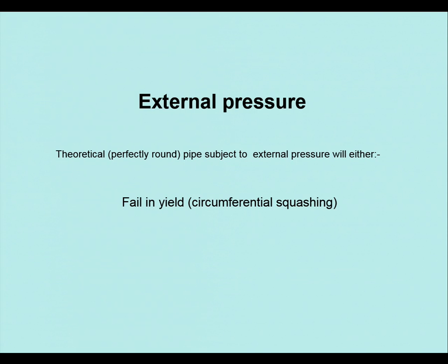Right, if that pressure's on there, if this stress comes to a certain point, this is all in compression because we've got external pressure. The wall of that pipe will want to buckle, just like this.